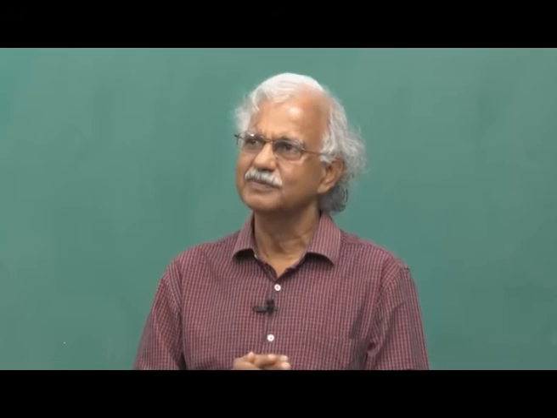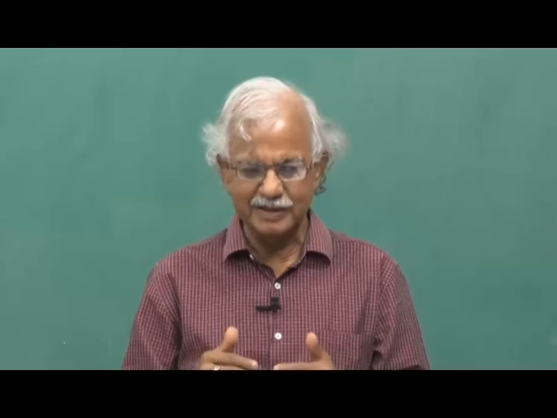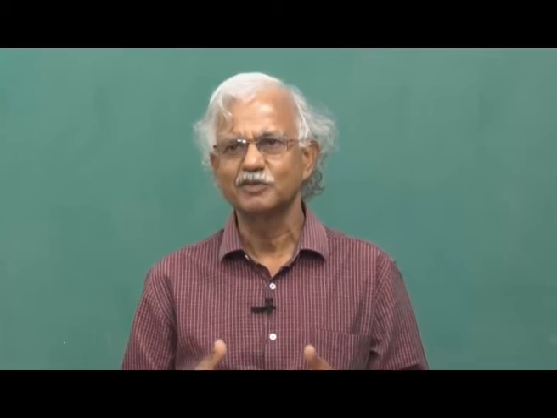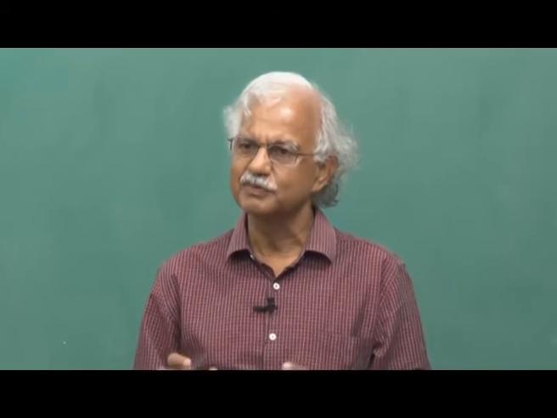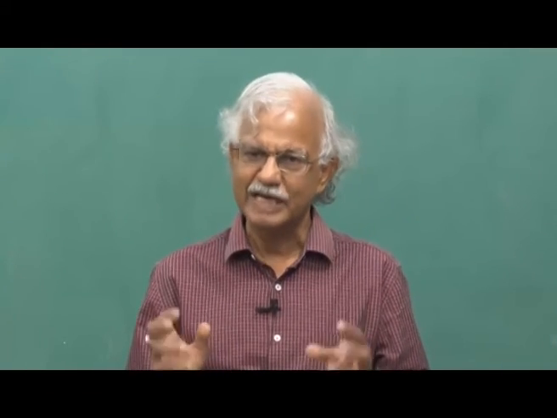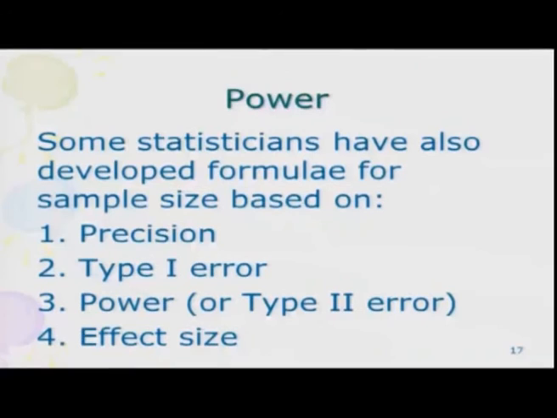These days in sending proposals we write more sophisticated formulae, considering tentative estimates of proportions or means, variances, design effects, effect size, type 1 error, type 2 error, alpha and beta.